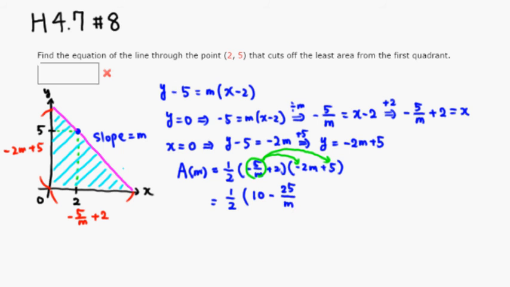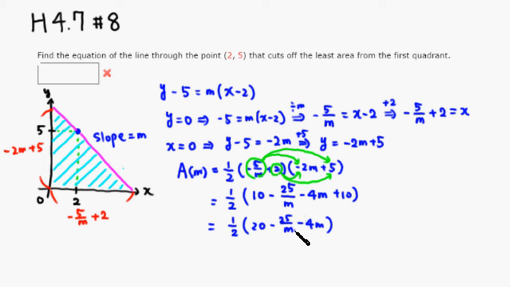Then we distribute the 2 to negative 2m, and you get negative 4m. Then distribute 2 to 5, we get 10, and the other product is also 10, so 10 plus 10. If you simplify that, you're going to get 1/2 times (20 minus 25 over m minus 4m).